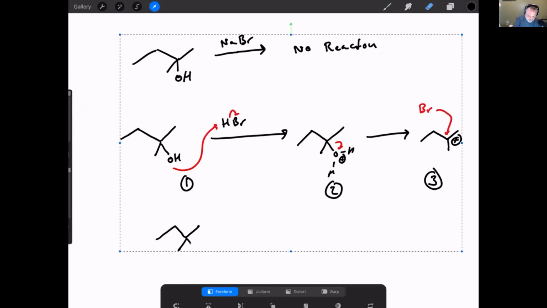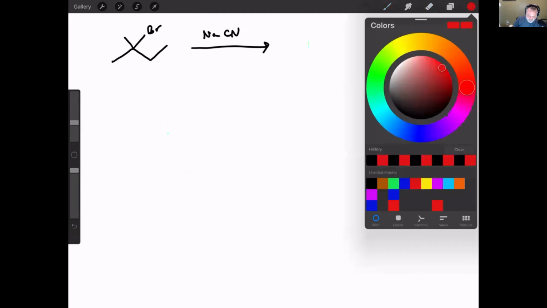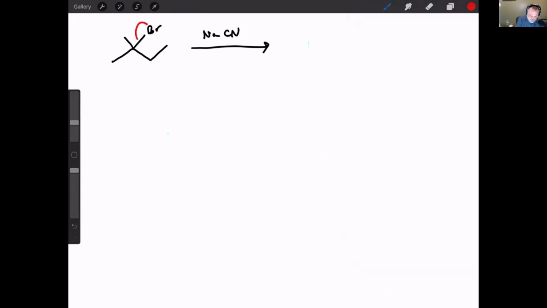So let's start off with, here's one that'll work out for us. Let's react this with sodium cyanide. So CN minus is an excellent nucleophile. Again, I can do the loss of the leaving group.